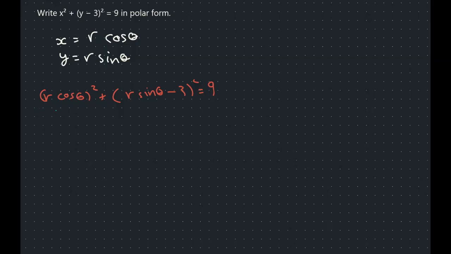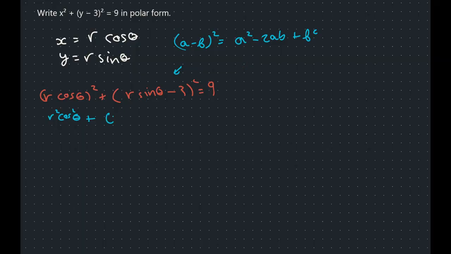So r cosine theta all squared is just r squared cosine squared theta, and then plus, for this part here, I'll just remind that if we had a minus b all squared, that's equal to a squared minus 2ab plus b squared. So let's do this simplification.